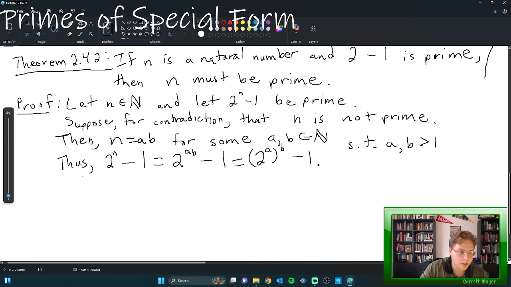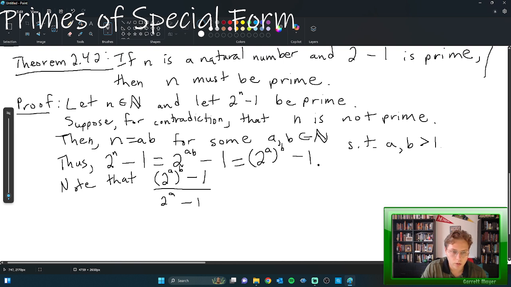So note here, based on what we showed before, 2 to the ab minus 1 divided by 2 to the a minus 1 equals this sum.